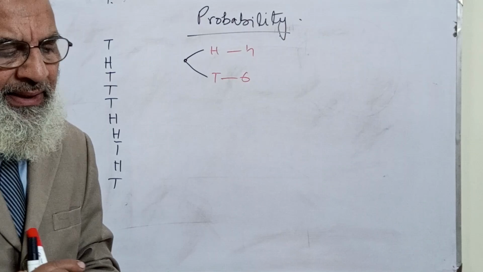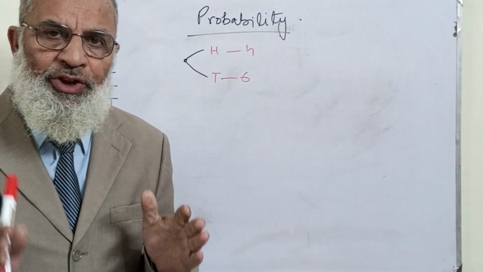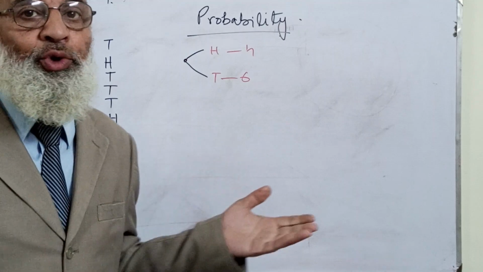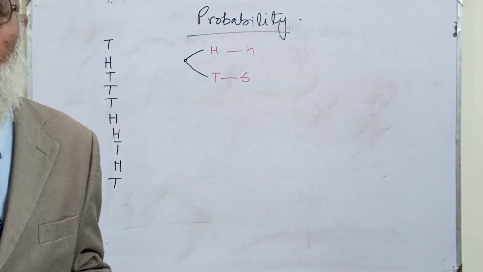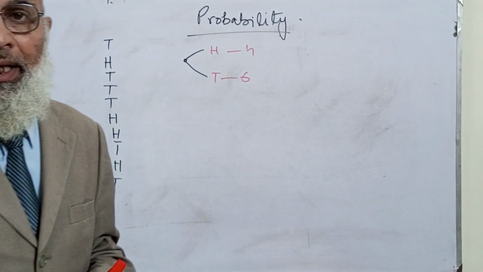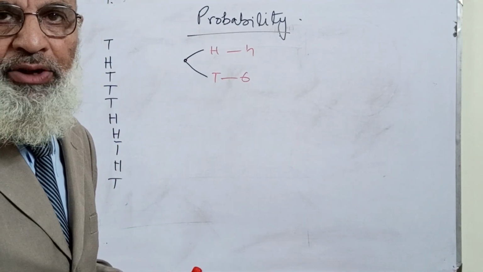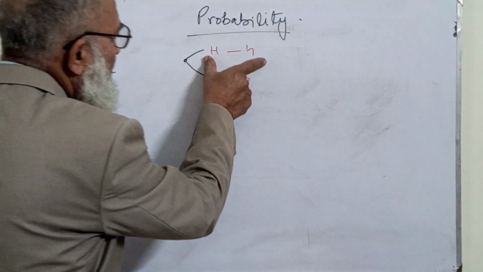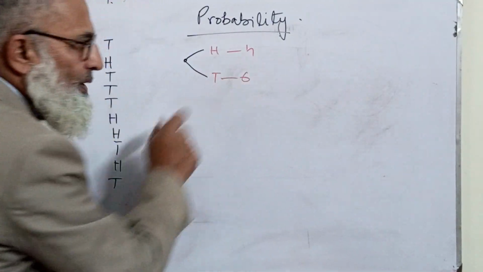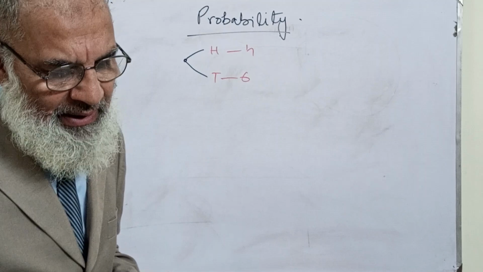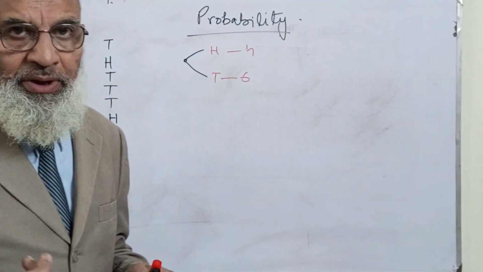Now I can say that whenever we are unsure about the outcomes, like I was unsure about the outcome, I don't know whether the head will come or the tail will come, then we talk about the outcomes of the event.